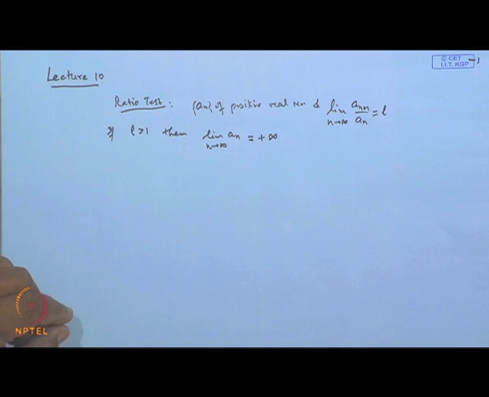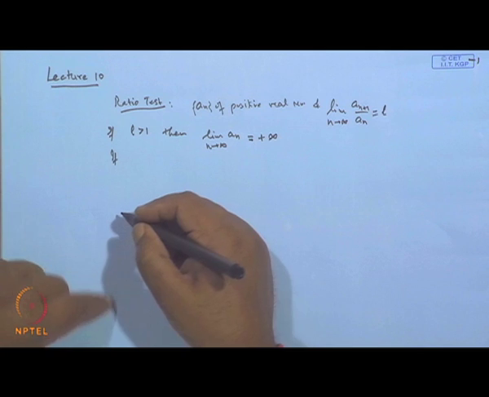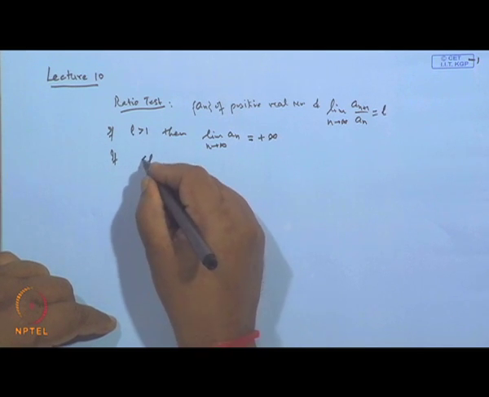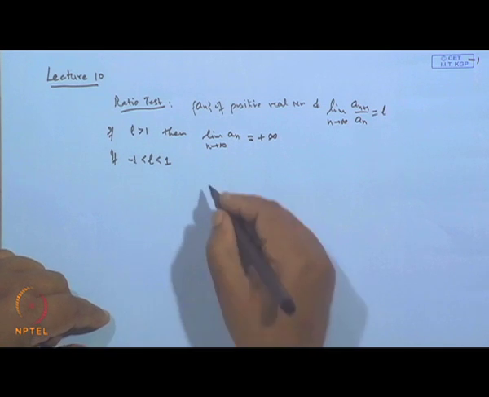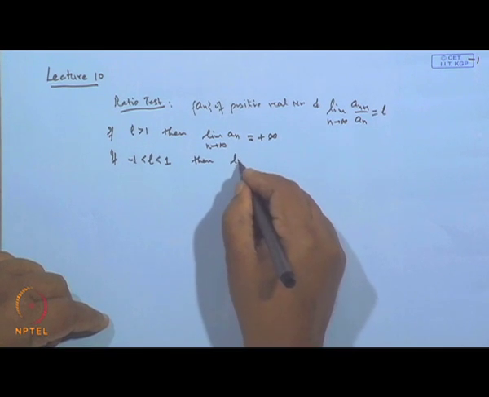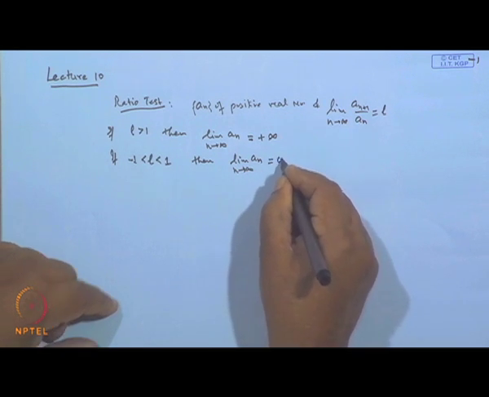And the second part of it shows that if L lies between -1 and +1, then the limit of a n as n tends to infinity is 0.